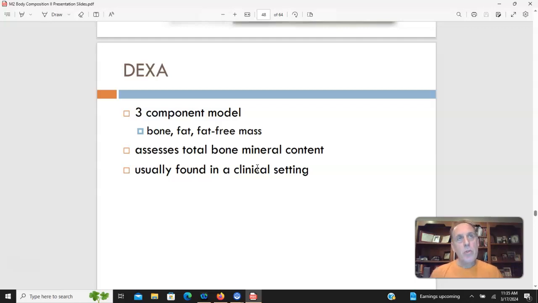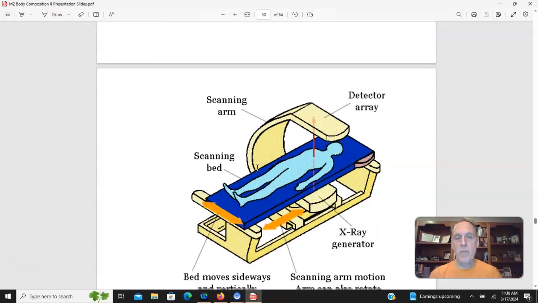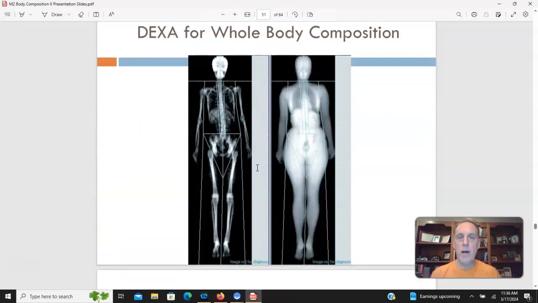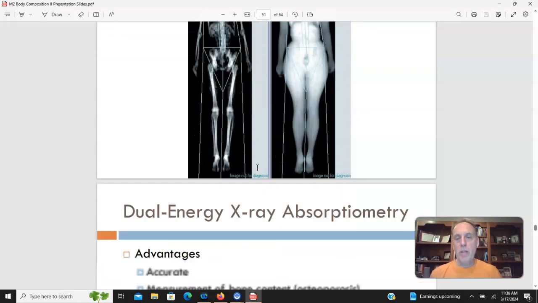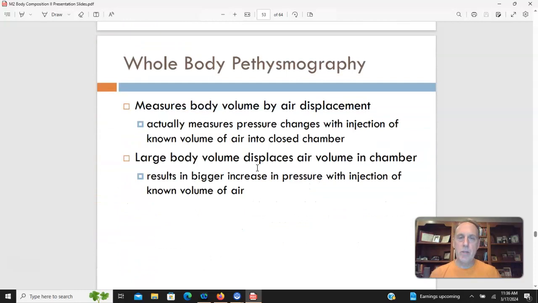And also there's a certain component where it measures the mineral content found in the bones, and it's very clinically based, and usually it's a doctor there administering the test, and it's a very expensive test. So you won't ever really see this administered in your fitness environments. But I'll leave it in here. I'll kind of scroll past it here so you can get an idea of what it is.